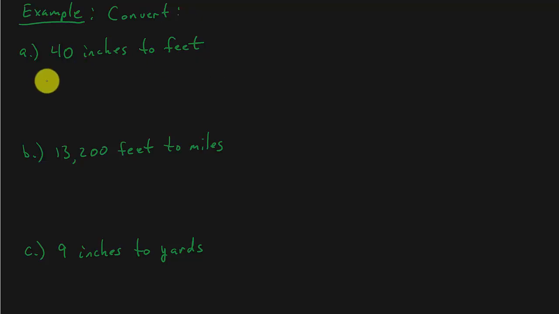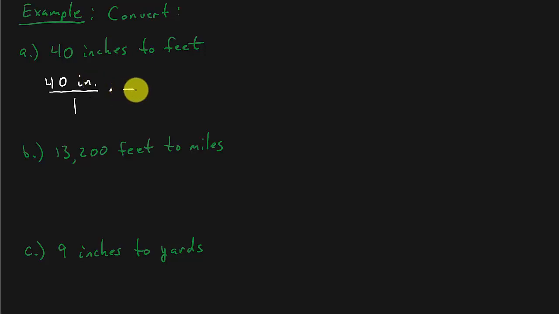So I've got 40 inches, and I write the units out. I'm going to multiply this by a fraction. I want to make this look like a fraction also, because remember, when you're multiplying fractions, you multiply the numerators together and you multiply the denominators together. Now what do I multiply by? Well, I'm trying to get to feet, and I want to get rid of inches.